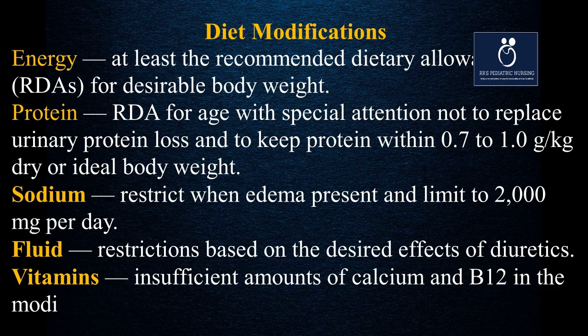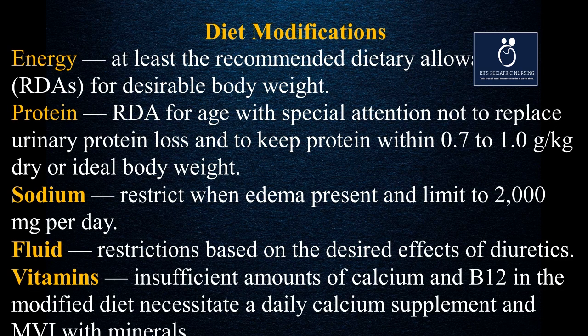Diet modifications. Energy: at least the recommended dietary allowances for desirable body weight. Protein: RDA for age, with special attention not to replace urinary protein loss and to keep protein within 0.7 to 1.0 grams per kg dry or ideal body weight.